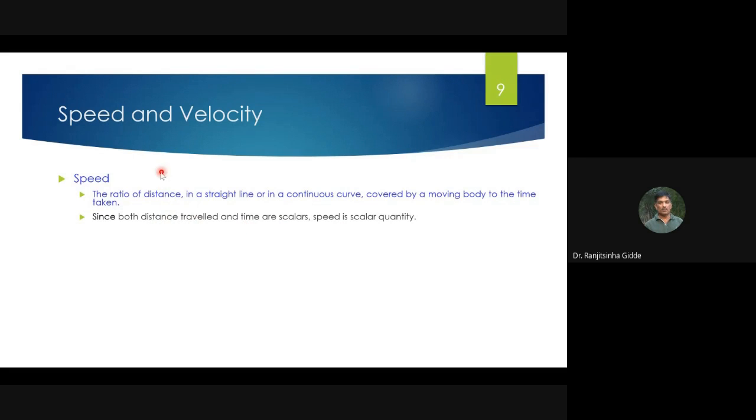So here distance is a scalar quantity, and time is a scalar quantity, and we are considering the ratio. That's why speed is a scalar quantity. For example, 10 kilometers covered in 1 hour.